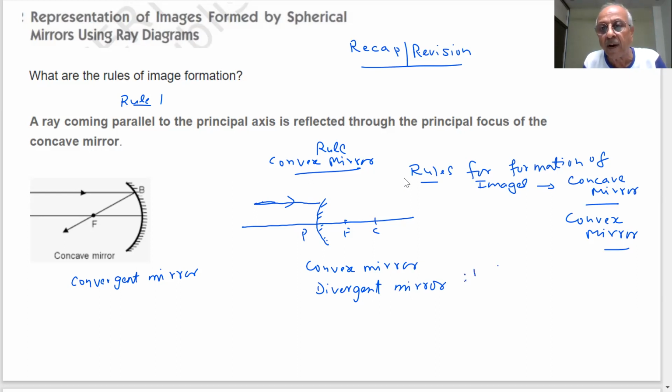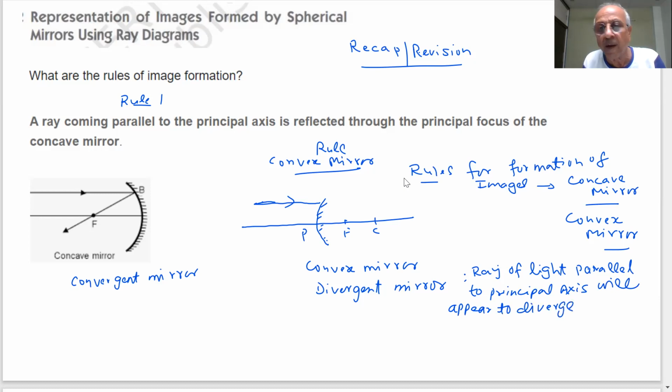Note down: a ray of light parallel to the principal axis will appear to diverge from the principal focus of a convex mirror. Is it clear? Yes, sir.